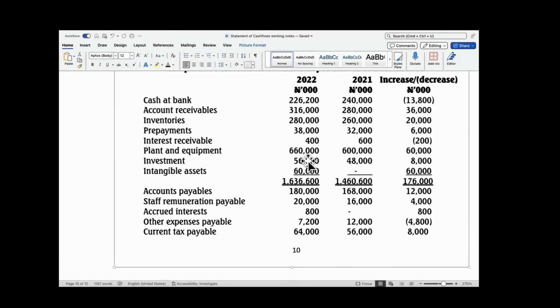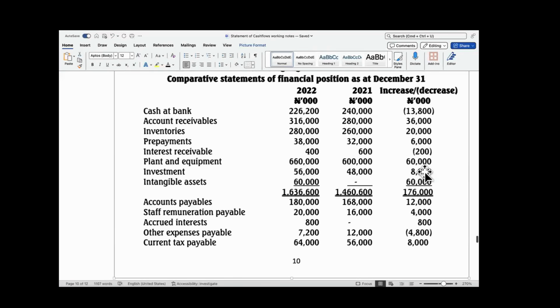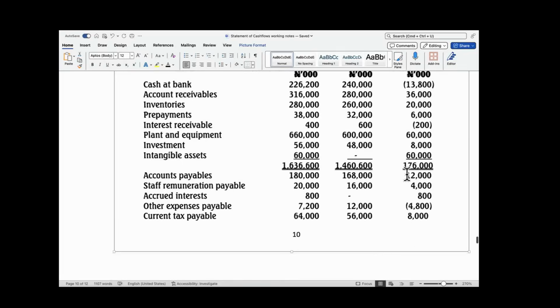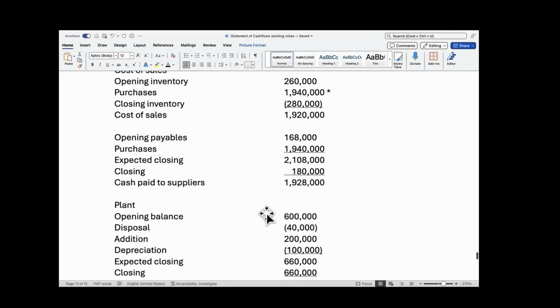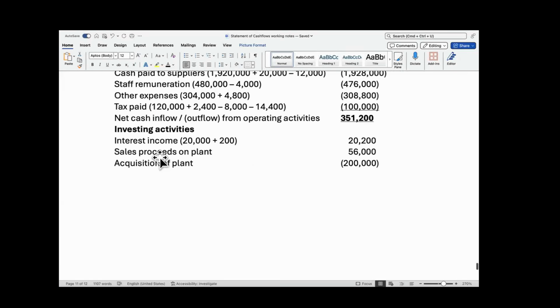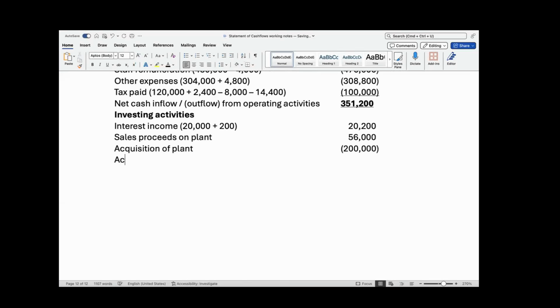Next one is these investments. So investments increased by 8. So that means they invested 8 million. Did they say anything around that investment? No, they didn't say anything around that investment. So I will just put it there as acquisition of investments of this 8 million here.